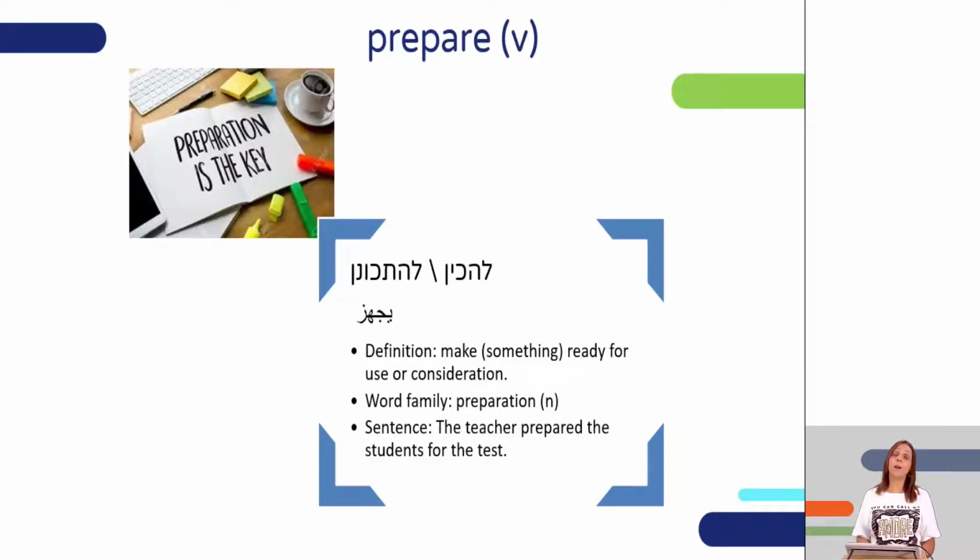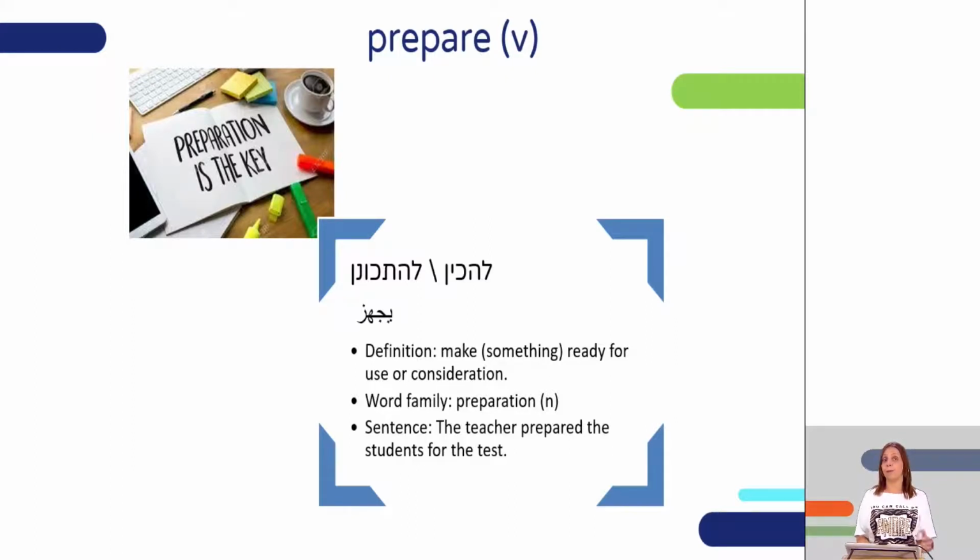We have the verb prepare. Prepare here means make something or even someone ready for use or consideration. Word family, we have preparation. Here we have a noun. The sentence here, if you are talking about someone, for example, the teacher prepared the students for the test, or I prepared everything for the trip.